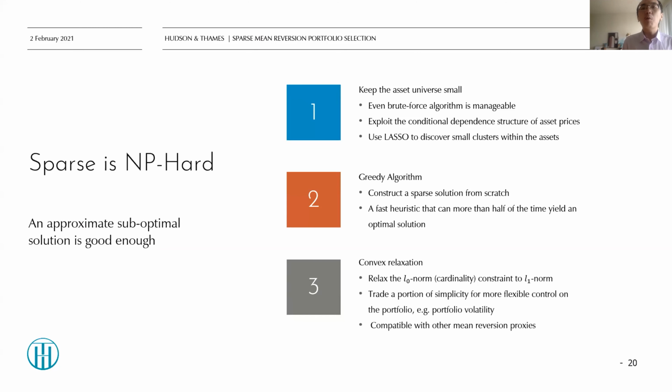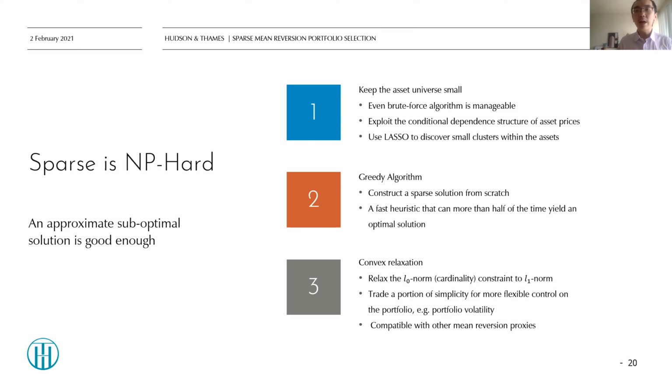And then we can go really fancy into the convex relaxation framework. So the cardinality constraint is a non-convex constraint. We can relax this cardinality constraint into a convex constraint, aka the L1 norm. So under this framework, you can actually have more flexible control on the portfolio properties.